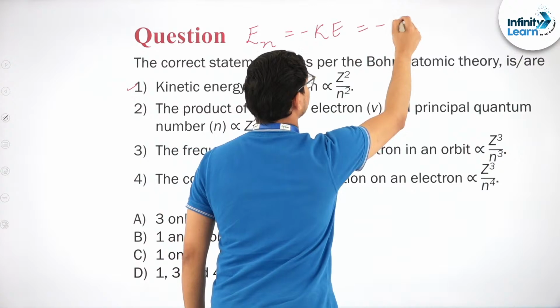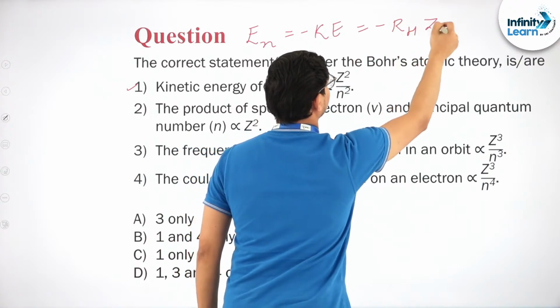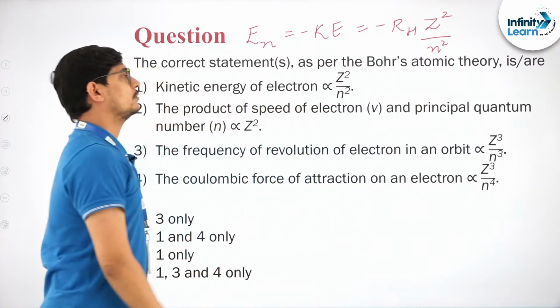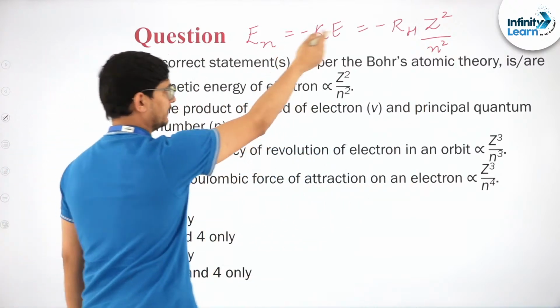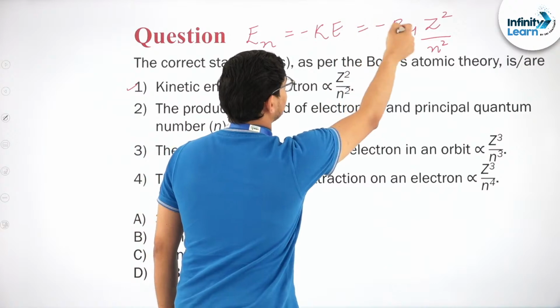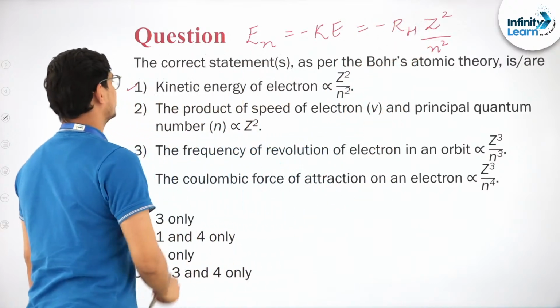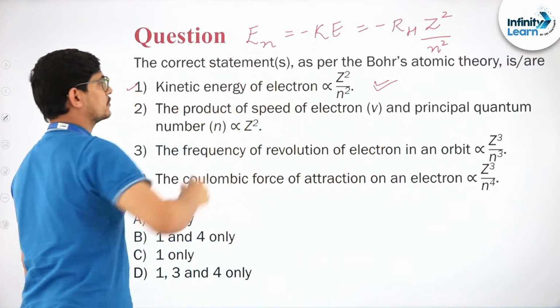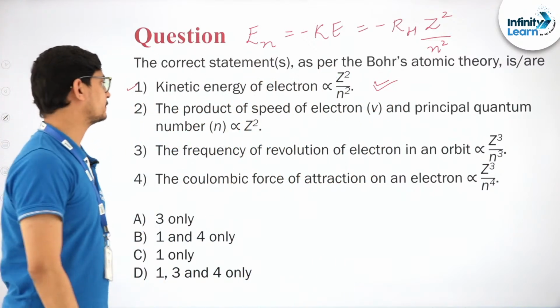It was minus Rydberg constant z squared by n squared. So the negative cancels out, and kinetic energy is Rydberg constant z squared by n squared. So yes, this postulate is correct. KE is proportional to z squared by n squared.